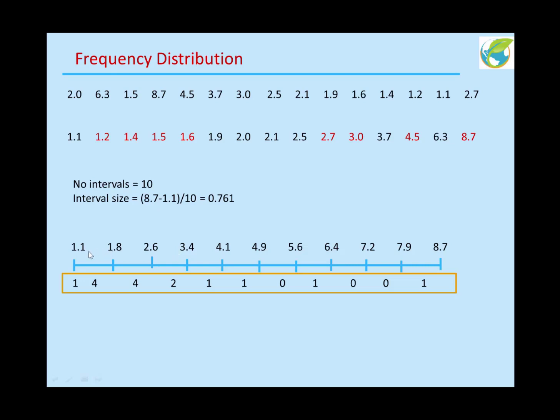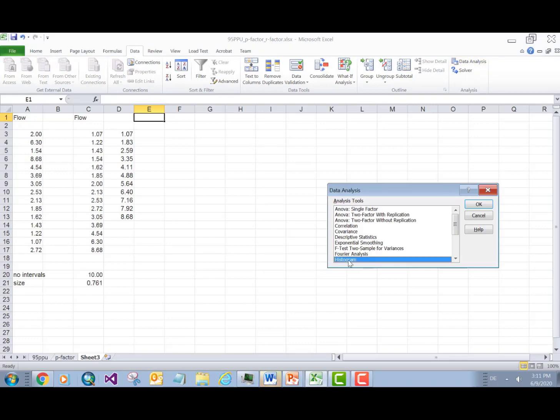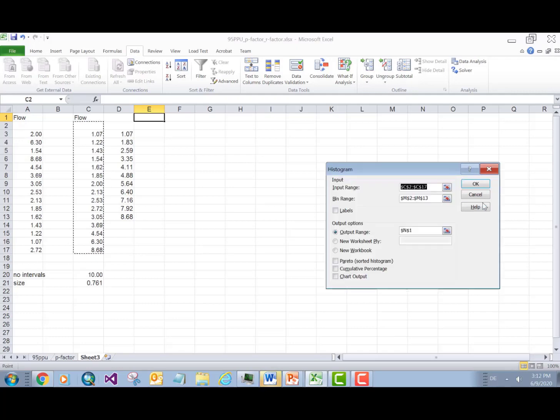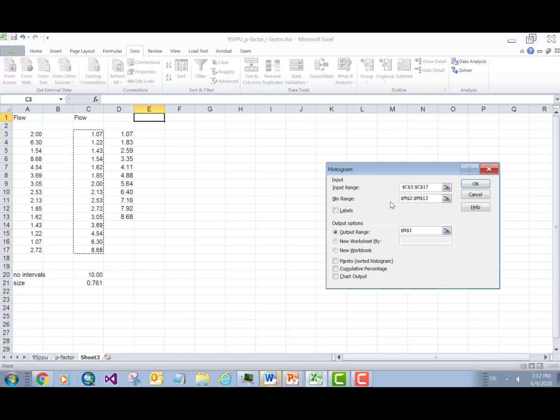And now the next step. Here I showed you that we calculated the frequency distribution by hand manually. Here I'm going to use Excel to give me the frequency distribution. So I go to data, data analysis, and histogram. Histogram is the same name as frequency distribution. Okay, and then it wants the range. So the range of my input is from here to here. And then it wants the bin range.